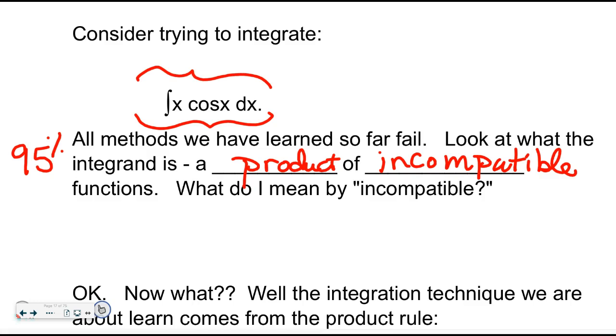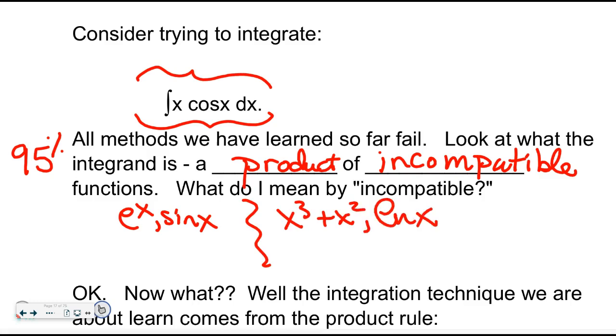By incompatible, I mean different function families. Like e to the x paired with sine x. One's trig and one's exponential. Those are not the same type of functions. Or if you see a polynomial paired with natural log, where their derivatives don't even resemble each other. Does that make sense?